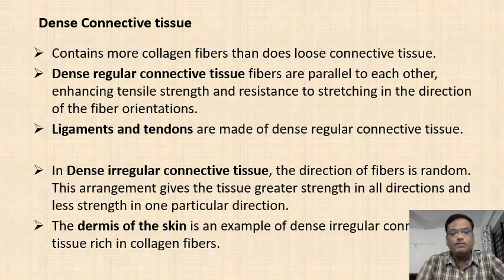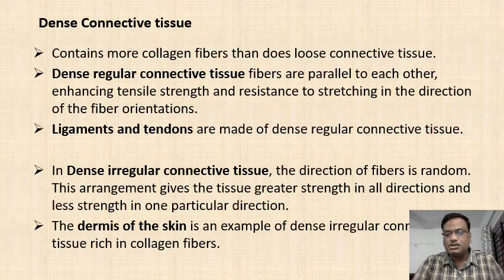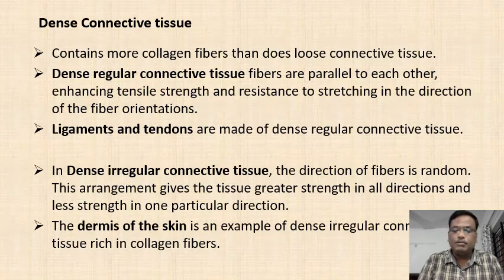So, wherever you find this kind of tissue, I mean this dense regular connective tissue, that tissue has the ability of tensile strength. So you can stretch it to some extent, and it will withstand it, or it is capable of maintaining that stretch. Now the best examples of dense regular connective tissue are ligaments and tendons.